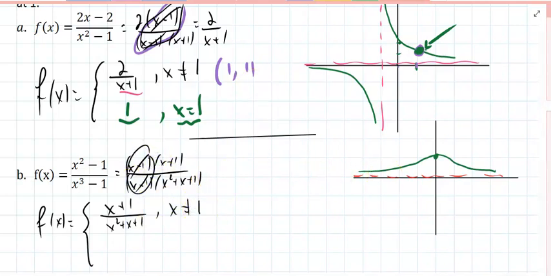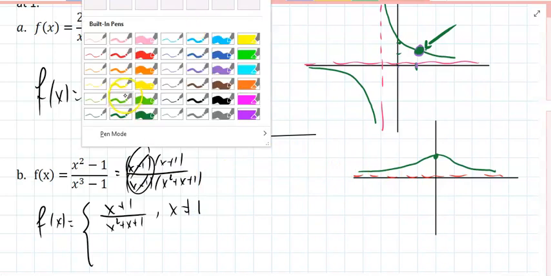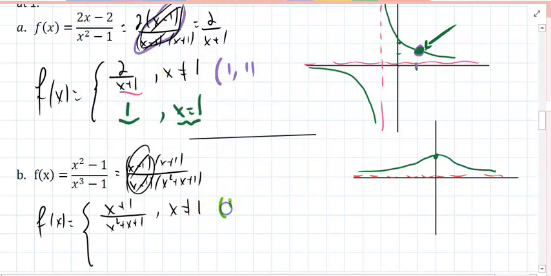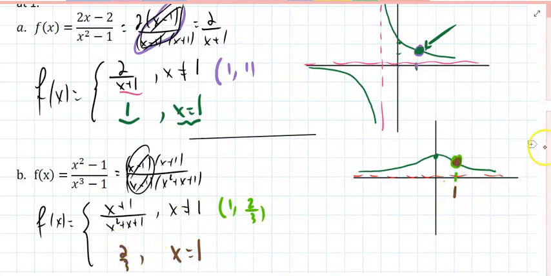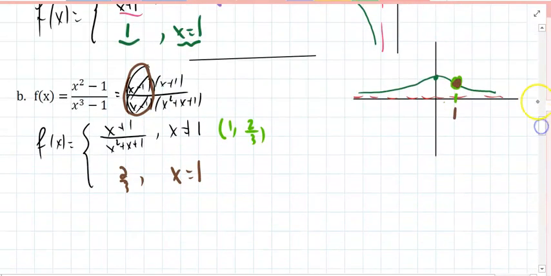So this graph has a hole in it, and the hole really exists at, if x equals 1, I'll get 2 over 3. If x equals 1, there's a hole right there. So f is not continuous at that point. So what do you do? You say, well, let's set f of 1. If x equals 1, let's fill in that gap. Let y equal 2/3. So you can only do this if you're able to cancel one of those. Meaning, if the limit from the left and the right exists, you can fix it. If the limit doesn't exist, you can't fix it.